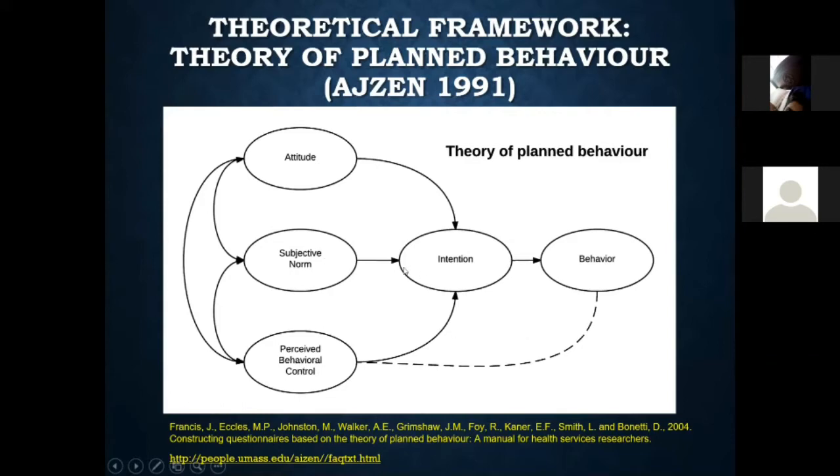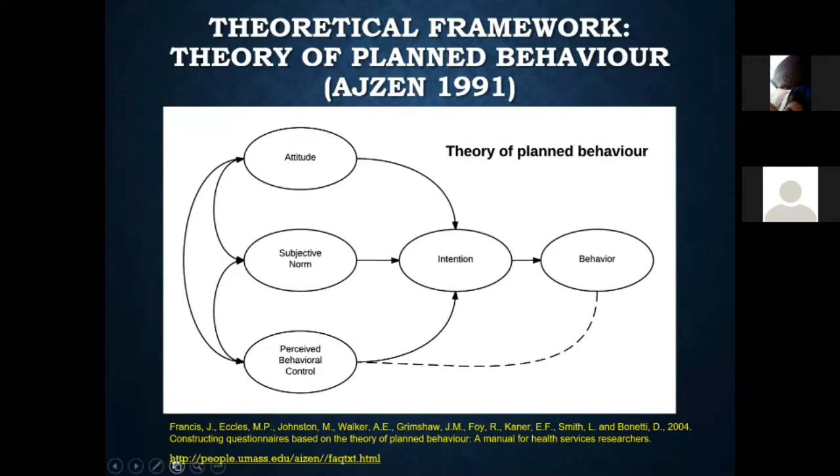So this is the theory. You can adapt this theory because behavior depends on the researcher. Say, for instance, I'm looking into the behavior of exercise or physical activity, or the practice of martial arts. You can always adapt this theory.